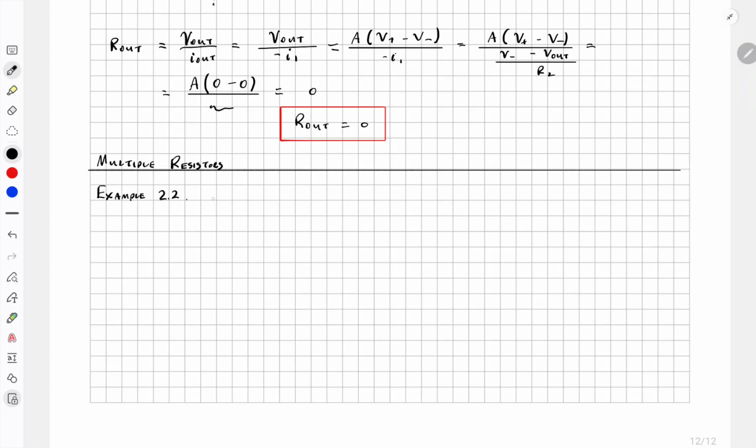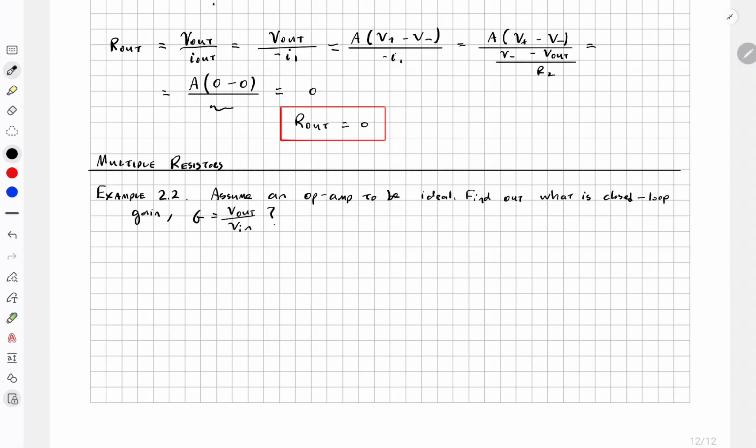It says assume an op-amp to be ideal. Find out what is the closed loop gain, and if you recall, that's V out divided by V in is closed loop gain.